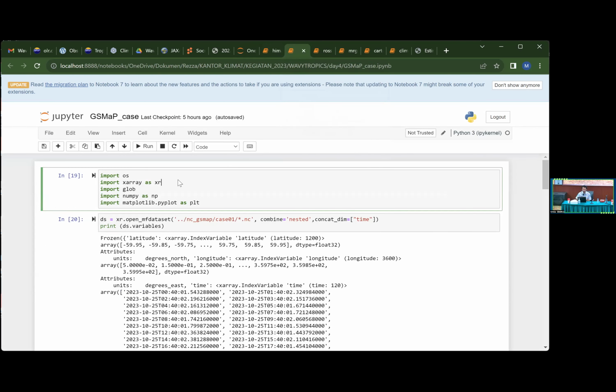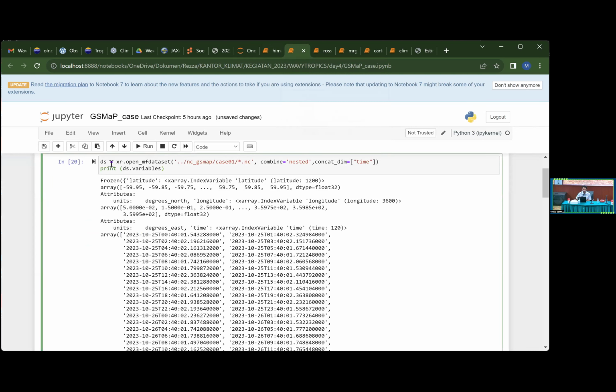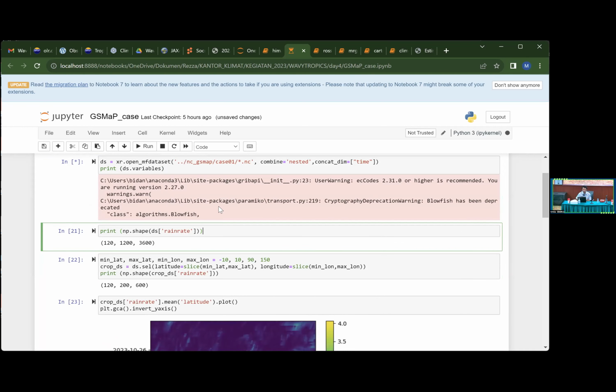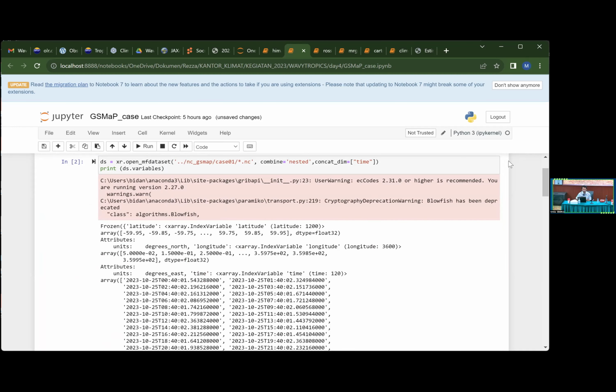Just import the module like this and run this cell. You don't need to change this, because it will automatically read the folder of NC GSMaP files where you put the NC files. Because we put them into a single folder in case 1, it will read all of them. It takes a moment to read.